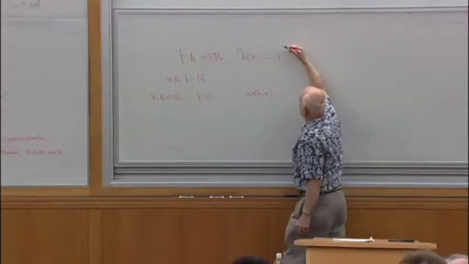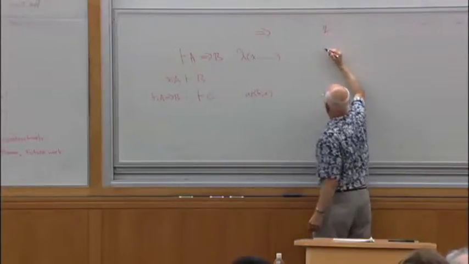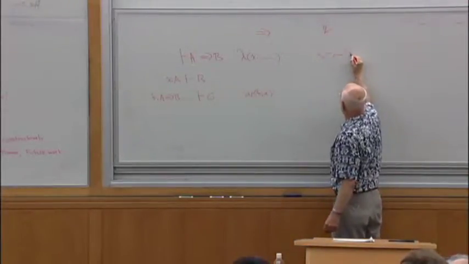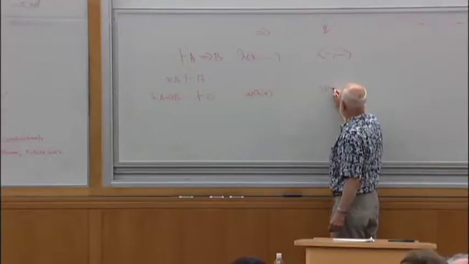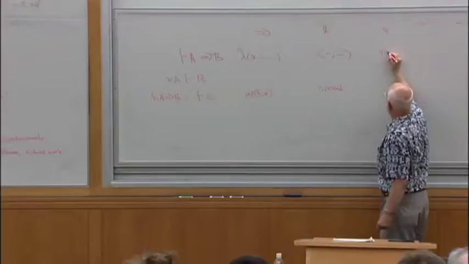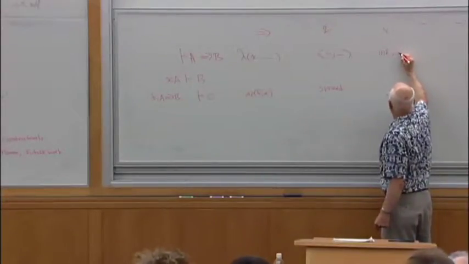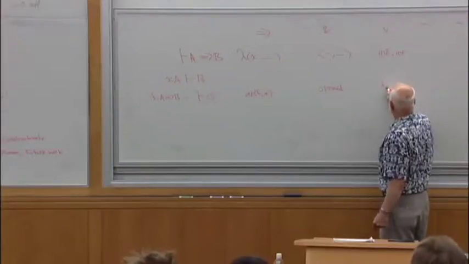For and, we're going to use pairs, and we're going to have a spread term. When we do or, we're going to have inleft and inright, and a decide term.